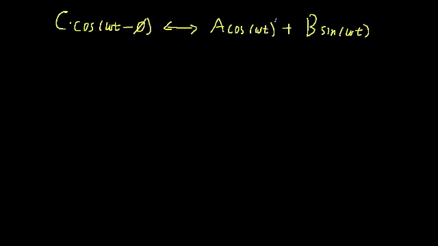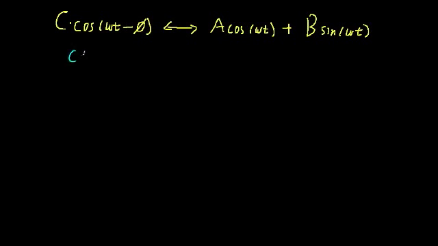So what we're going to do in this video is mathematically show how we can rederive this formula from this expression here. And in doing so, we're going to need to use a couple of trig identities. In particular, the adding angles identities. So let's write those out right now.